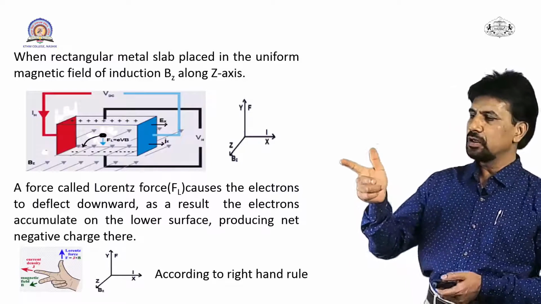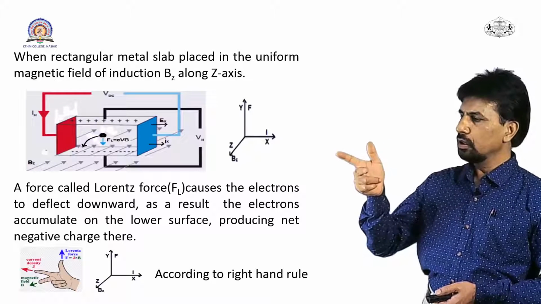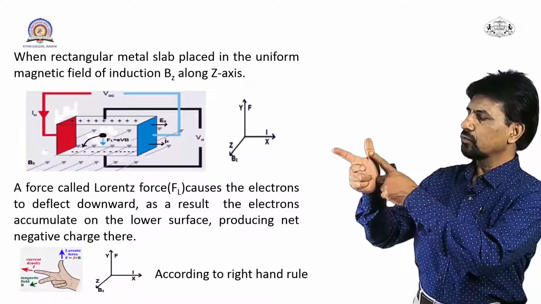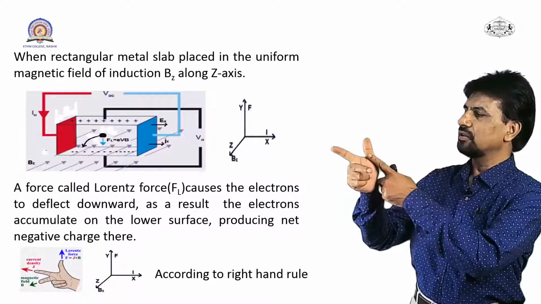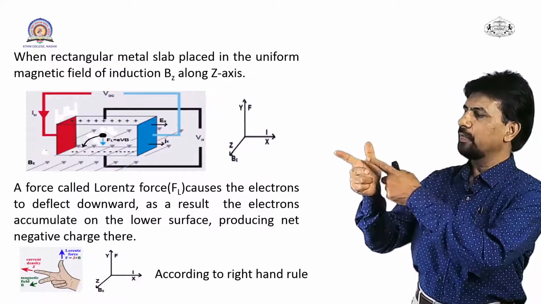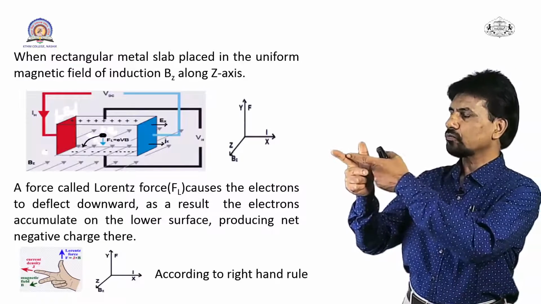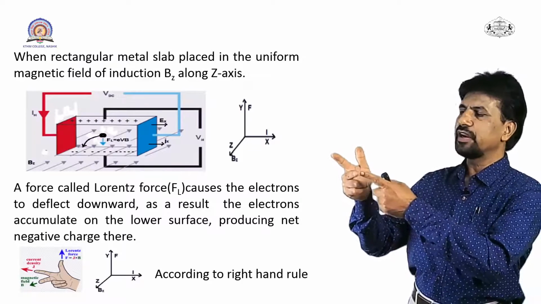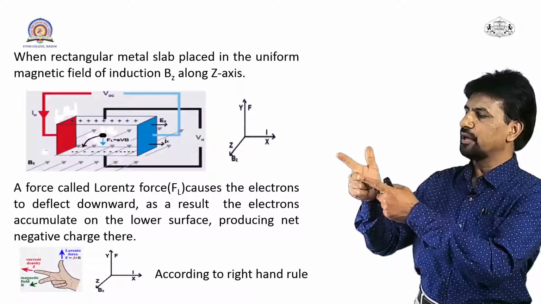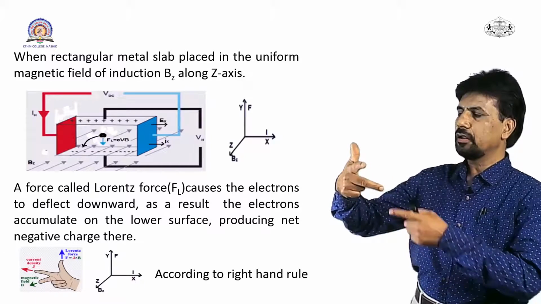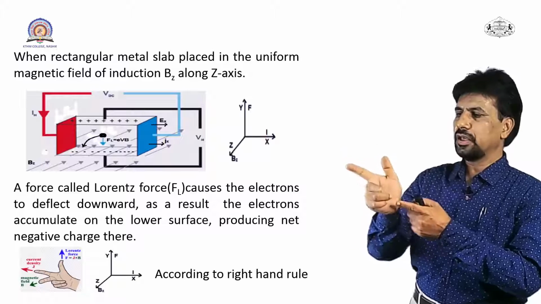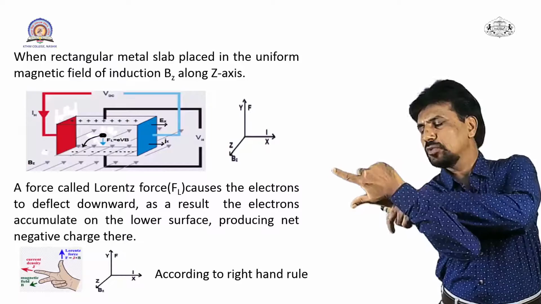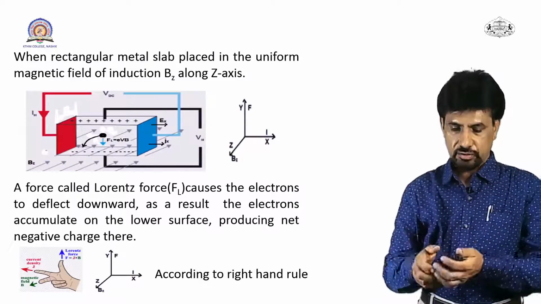In the right hand rule, the thumb indicates the direction of the force, the stretched or pointing finger indicates the direction of the current, and this finger indicates the direction of the magnetic field. In this case, the direction of the current is in this direction, so the direction of the force is in the downward direction.